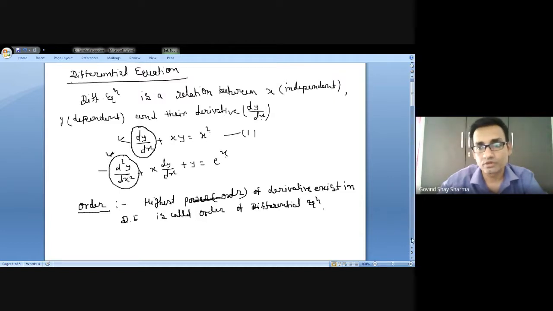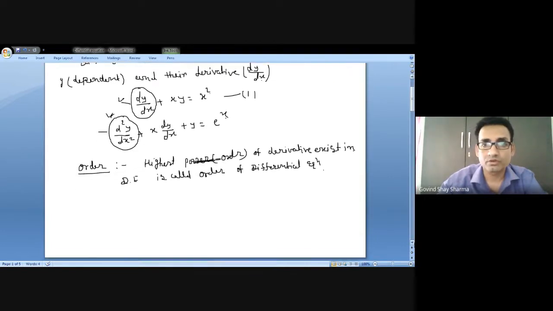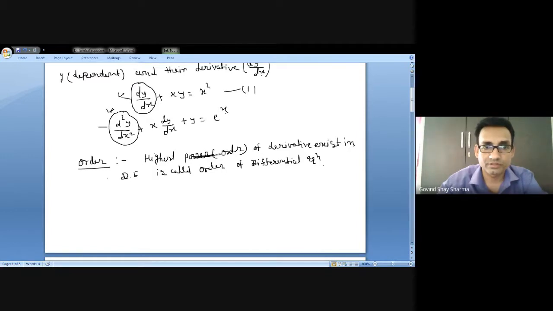Okay, student? Highest order of derivative. In the sense, we see here in equation 2, the highest derivative that exists has order 2. So in equation 2, the order of differential equation is 2.